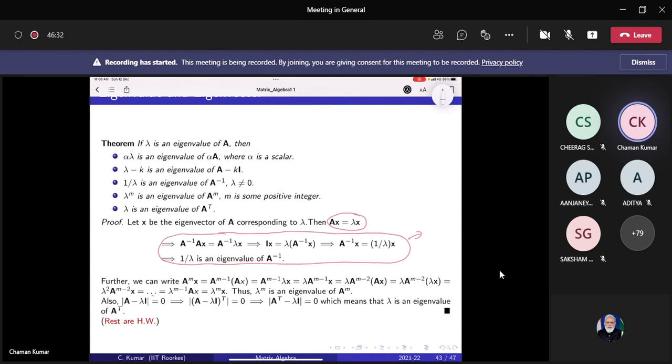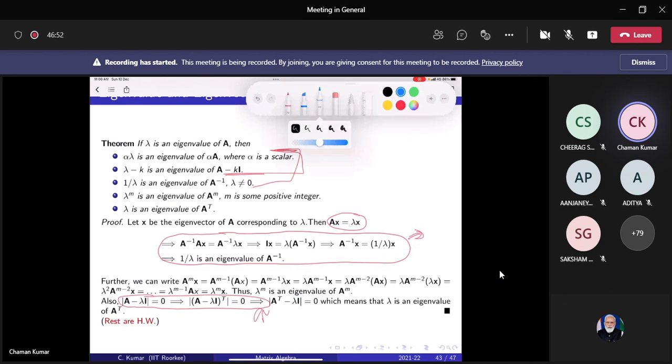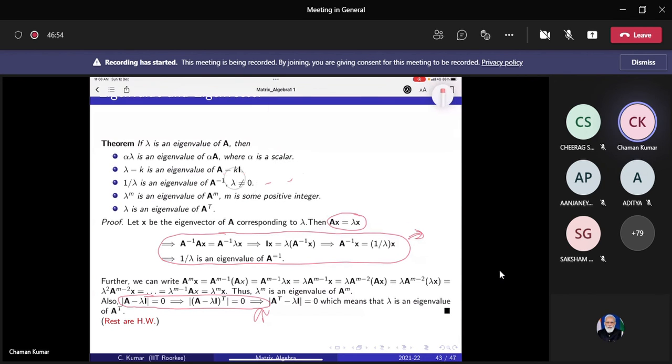Sometimes the characteristic equation method will work easily. So when you write down the proof of these first two parts, you think in this direction. Either try to use this one or this one, whichever works, you can use that. If both work, then also that is fine.